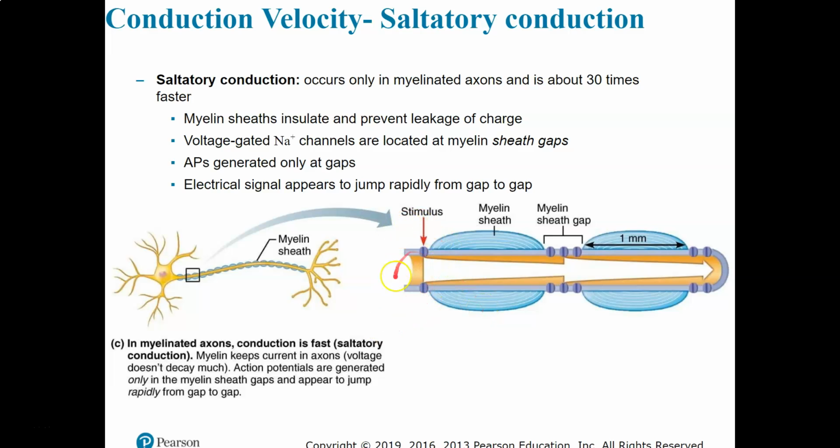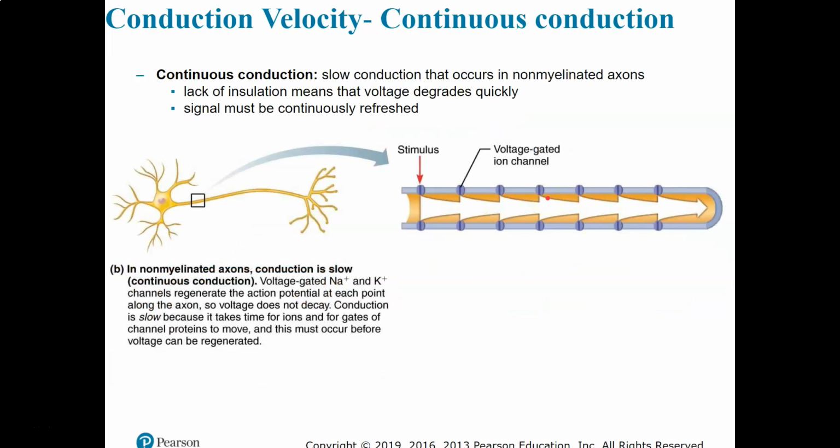So the signal goes from one point to the next gap in the myelin sheath to the next gap in the myelin sheath. Because it jumps, it's called saltatory conduction. Saltatory actually means jumping.